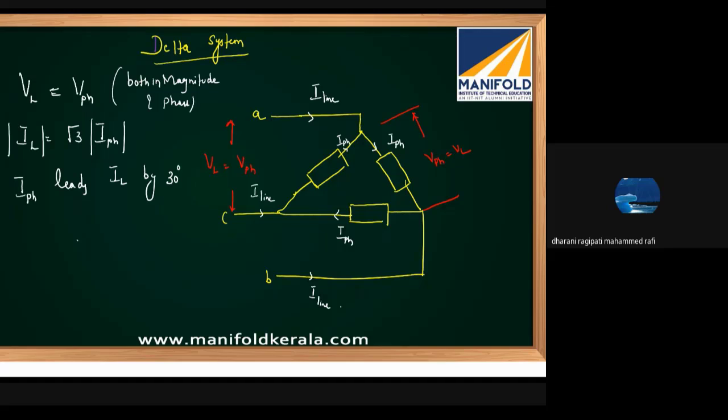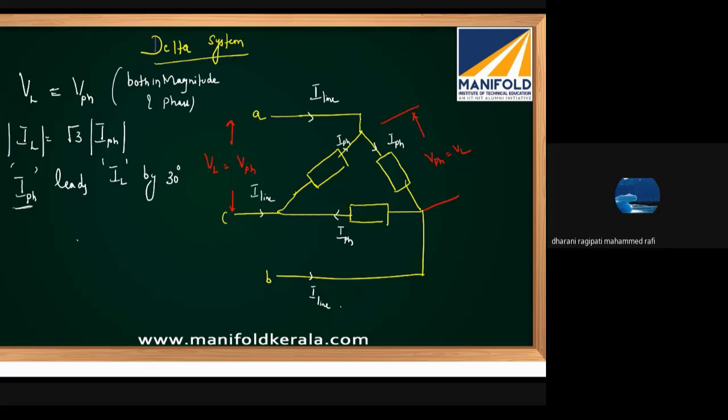Here, phase current leads the respective line current by 30 degrees. This you have to remember in the delta connected system. Here the line voltage is same as phase voltage, both in magnitude and phase angle, and the magnitude of line current is root 3 times that of phase current. And remember, phase current leads the respective line current by 30 degrees.